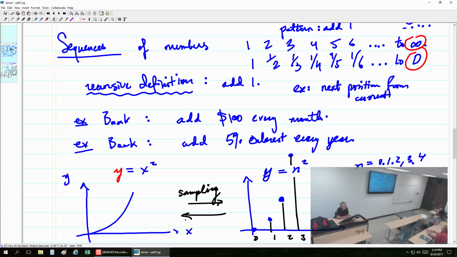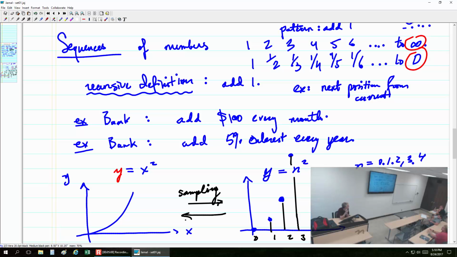Do you know the term inverse? No, I'm talking about going, so the sampling is from a continuous function, a continuum, like you think of a rope.